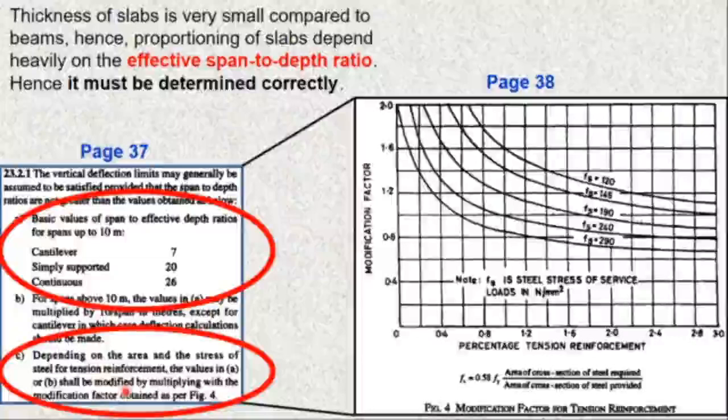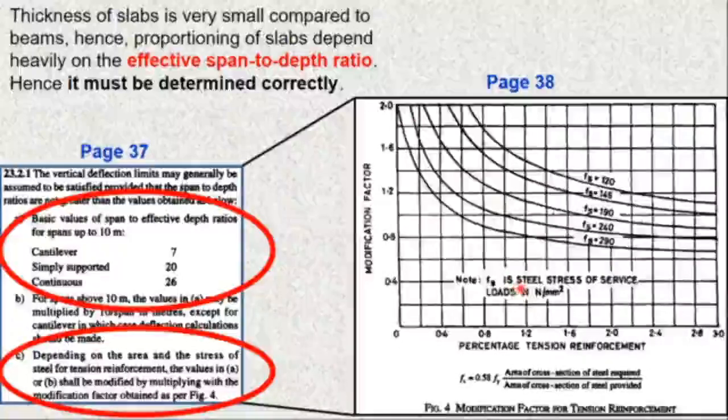So how do you determine the modification factor? You have to modify these values, and the modification factors you will obtain from figure 4. Figure 4 shows the percentage tension reinforcement on the x-axis and the modification factor on the y-axis. By knowing suitable values of Fs... what is Fs?